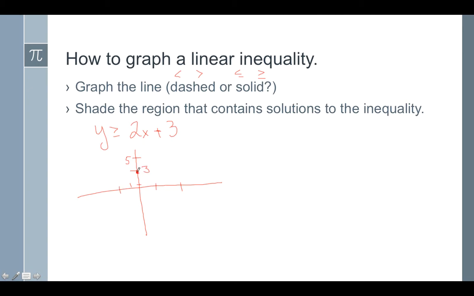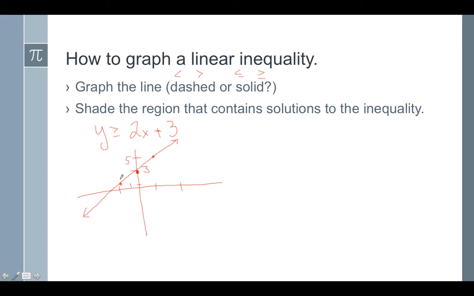We go through y equals 3. It rises 2 and runs 1. It drops 2 and runs backwards 1. And we have the 3 dots that create our line. Now, because it is a greater than or equal to, we get a solid line. But that is not the entirety of the problem.